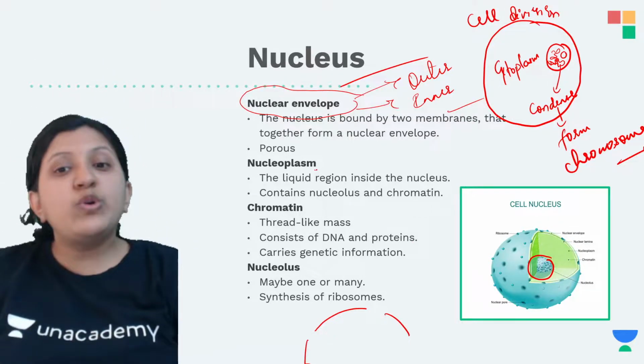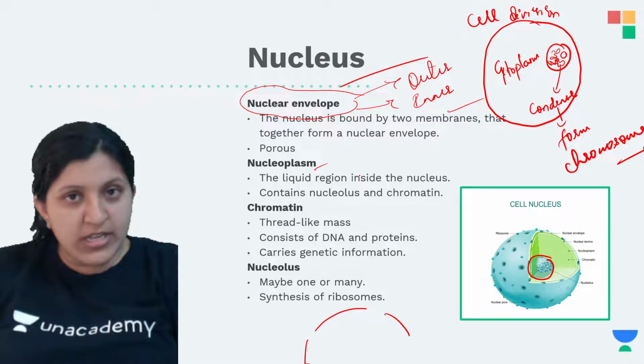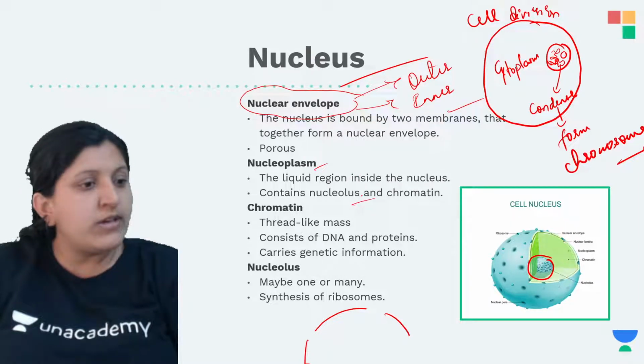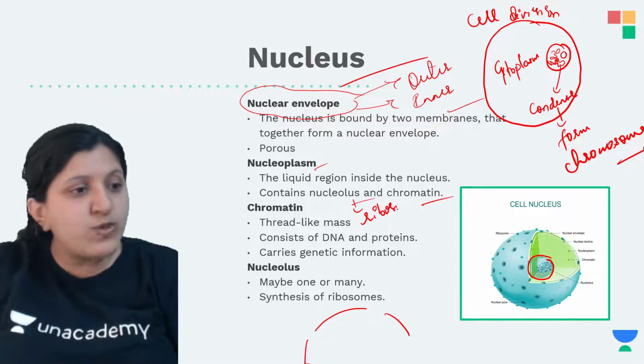Now the nucleoplasm, the liquid region inside this nucleus, contains the nucleolus and the chromatin. The nucleolus is responsible for ribosome synthesis.